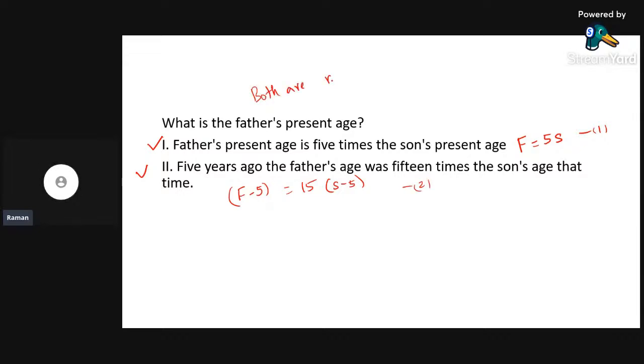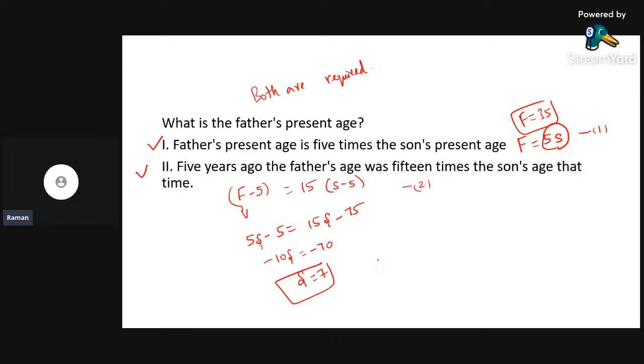Solving, the son is 7, the father is 35.